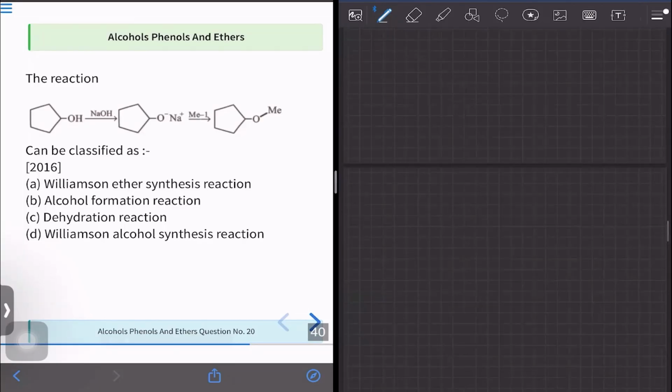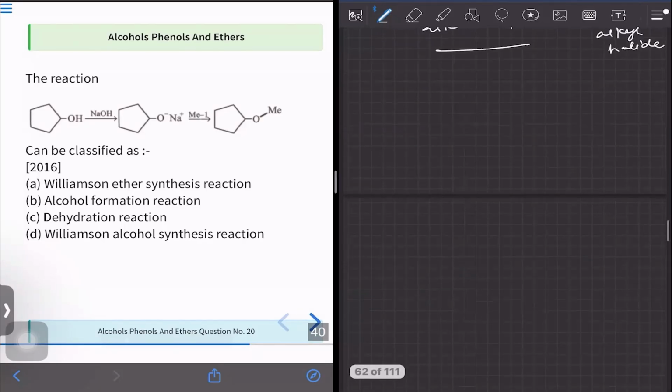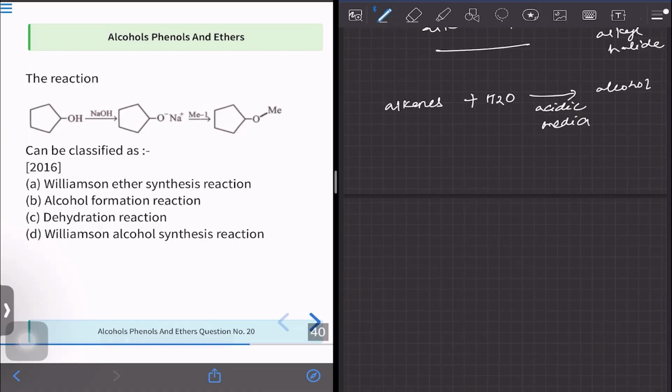Next, option B. What are the different alcohol formation reactions? We all know that whenever an alkene is treated with water in acidic media, it produces alcohol. It is a type of addition reaction.